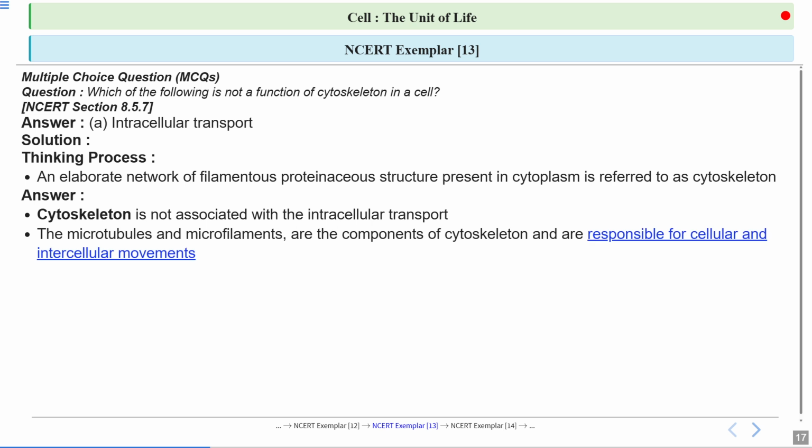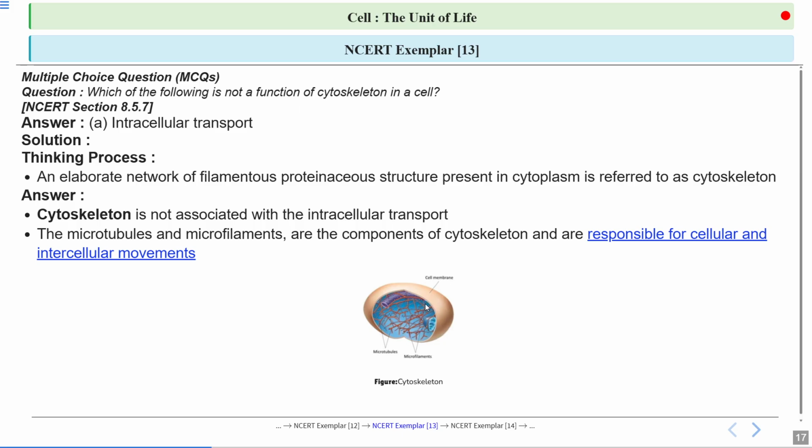The microtubules and the microfilaments are the components of the cytoskeleton and are responsible for the cellular and intracellular movement. Yes. So these are the two components, microtubules and microfilaments. Here you can see in the diagram the cell membrane and so many microtubules and microfilaments.